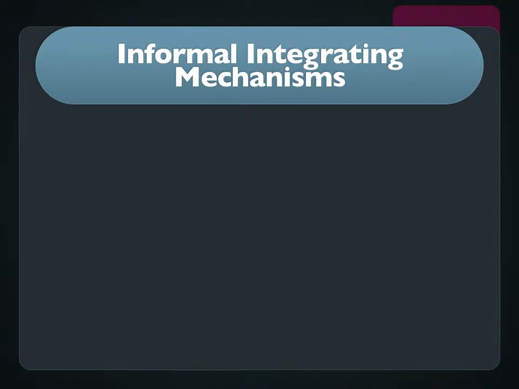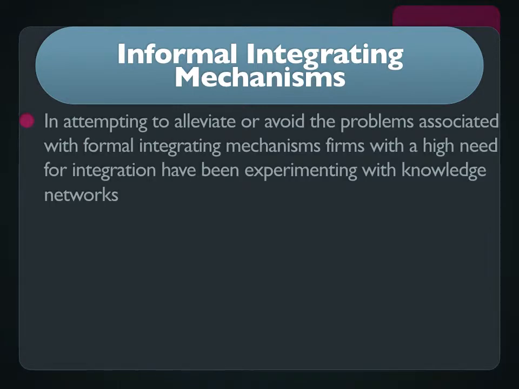There are also informal integrating mechanisms. Not only do these formal mechanisms exist, but in an attempt to alleviate or avoid the problems associated with formal integrating mechanisms, firms with a high need for integration have increasingly been experimenting with what we call knowledge networks.